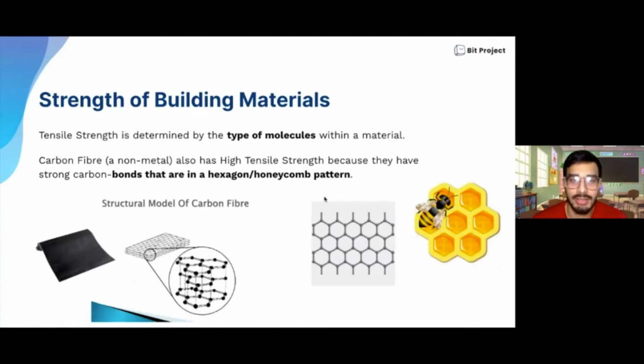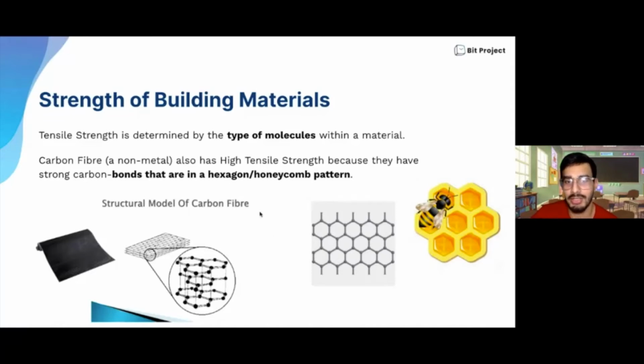So next, again, the reminder is that tensile strength is determined by the type of molecules. Another non-metal, called carbon fiber, also has strong tensile strength because strong carbon bonds form a hexagon structure within this compound, which makes it very, very strong because it's a repeated pattern.